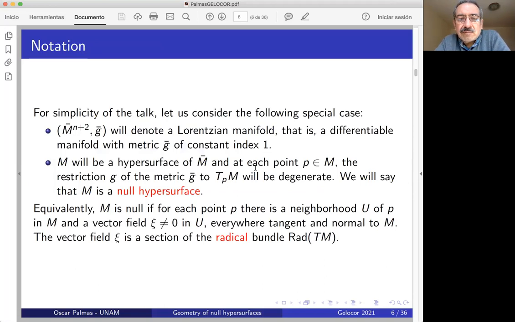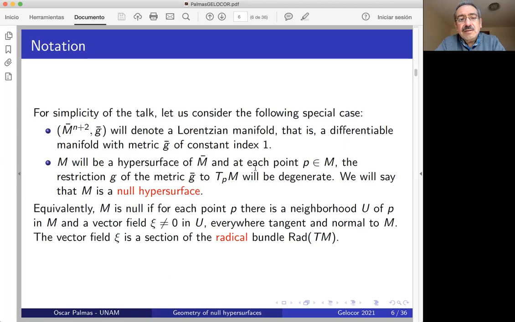So let's state some notation. M bar will be a Lorentzian manifold. That means that our metric g bar has constant index 1. M will be a hypersurface, and the restriction g of the metric g bar to each tangent space will be degenerate. And we say in this context that M is a null hypersurface.